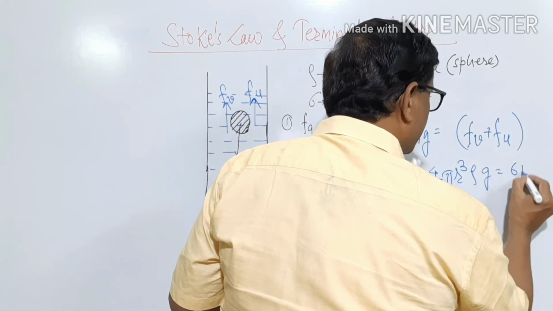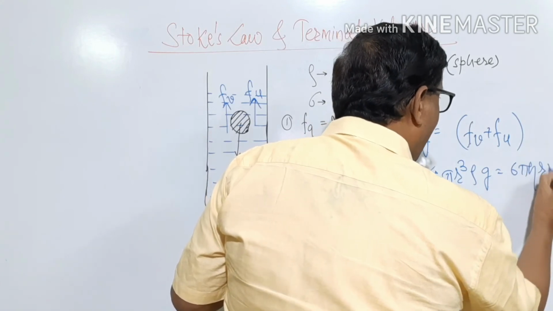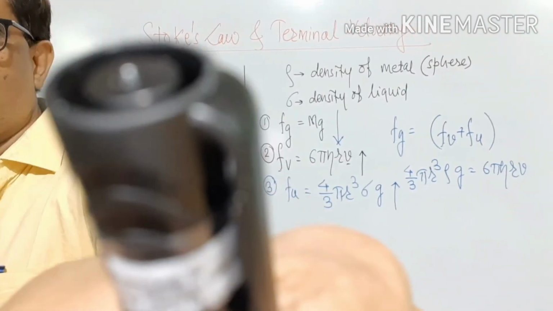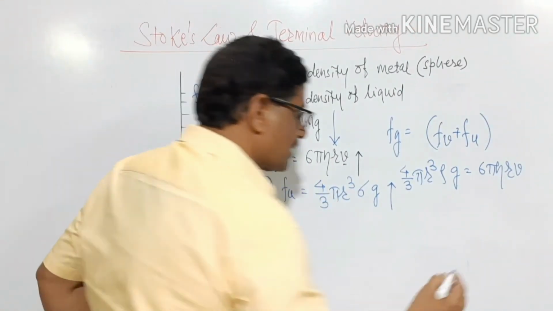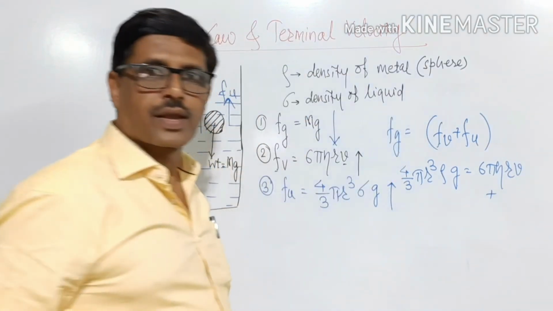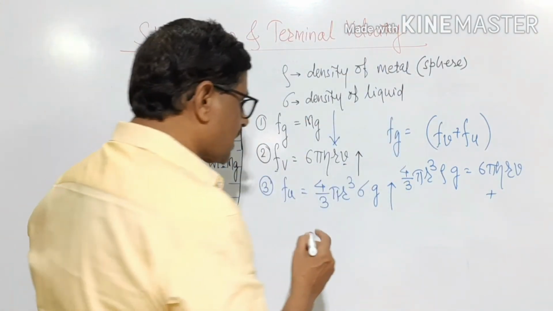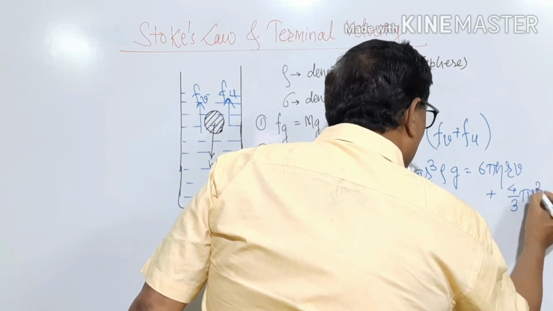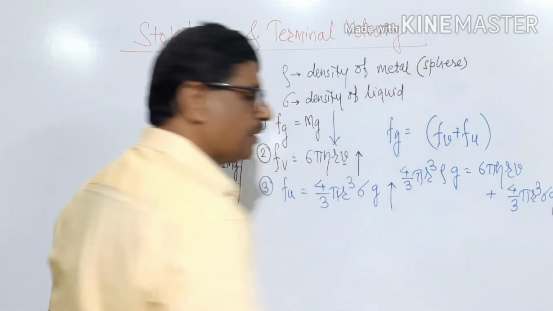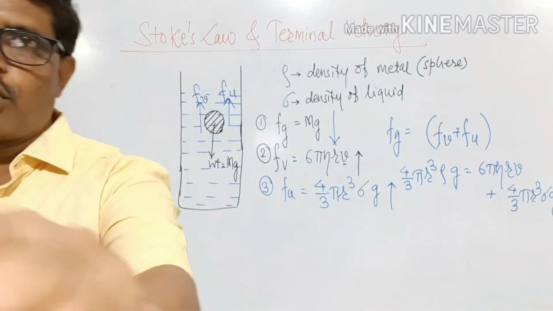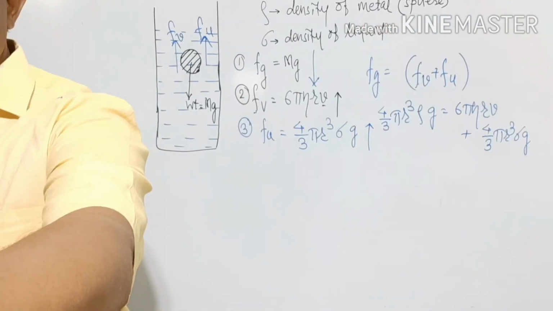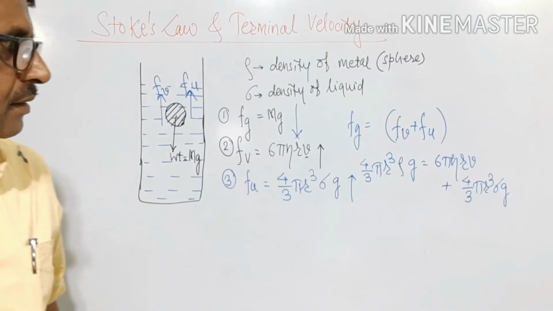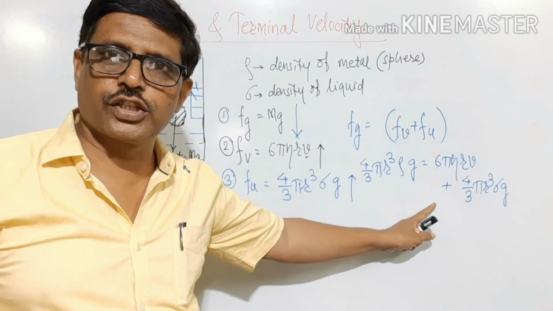The viscous force is 6 pi eta r into v, plus the upthrust, which I will write as 4 by 3 pi r cube sigma into g. This is the relation that we get.